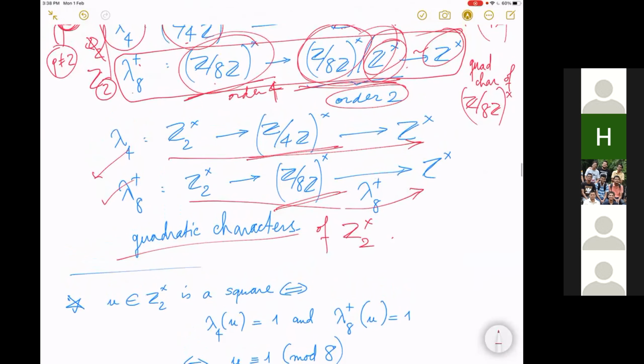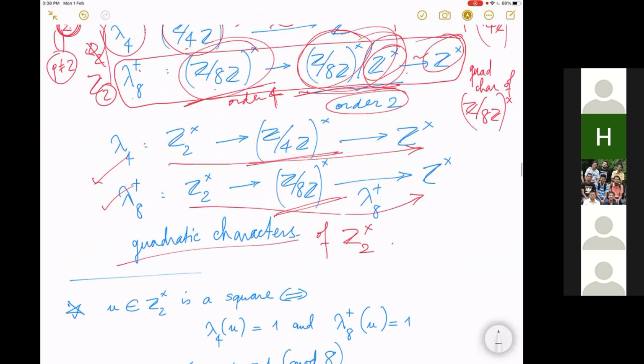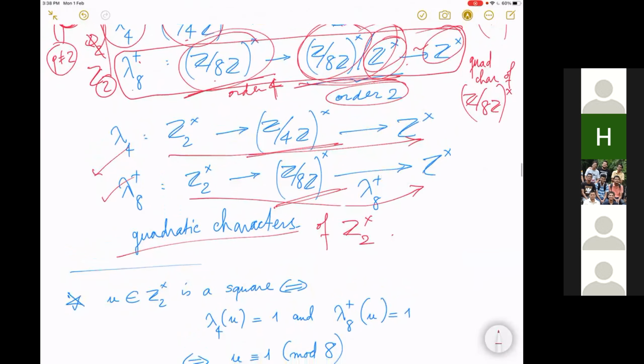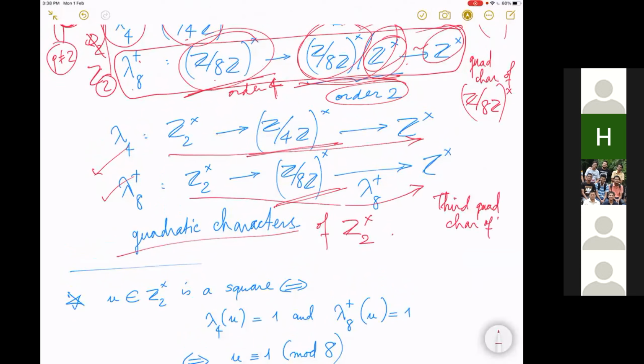And of course, they give me a third one. Whenever you have two quadratic characters, you get a third quadratic character of Z2 star, namely, you just multiply these two. Just as whenever you have two elements of order 2 in a commutative group, their sum is also an element of order 2.